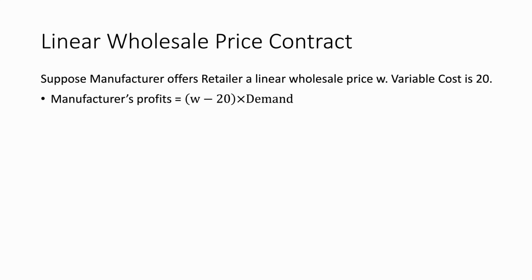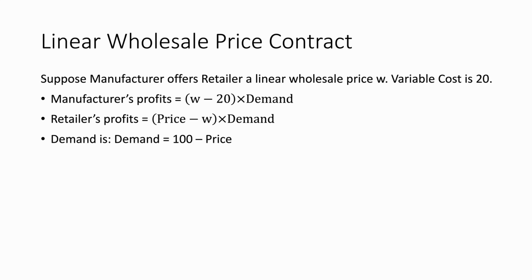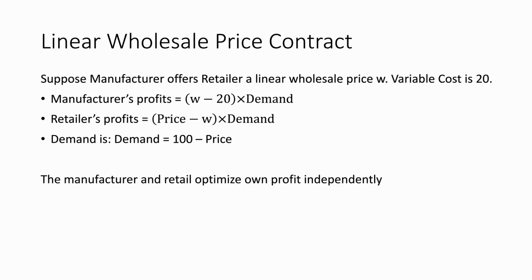The manufacturer's profit is W minus the variable cost of 20, times the demand. The retailer's profit is retail price minus wholesale price, times demand. The demand curve is demand equals 100 minus price. And the manufacturer and the retailer both optimize their own profits independently.